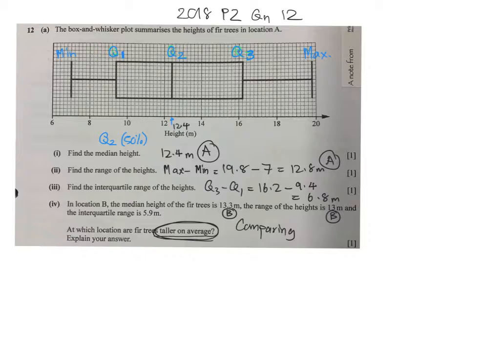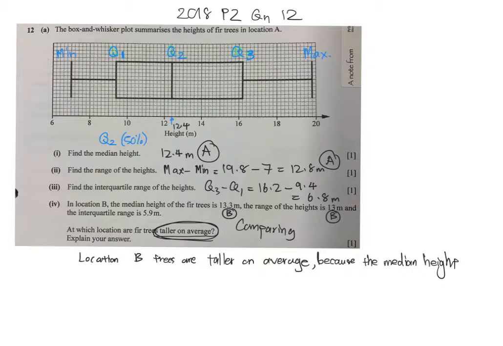Location B, right? So we must write it down in a proper sentence. Location B trees are taller on average. Because what are we looking at to compare? Because the median height for B is higher.